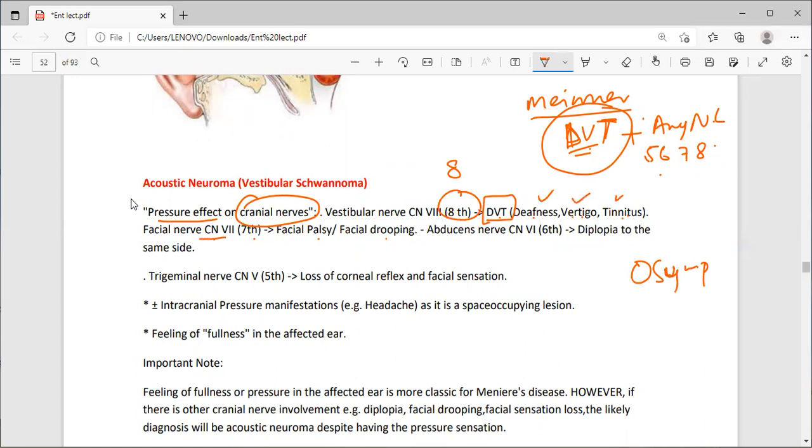The facial nerve supplies the face, so there will be facial palsy as well, and the abducens nerve supplies the lateral rectus of the eye, so there will be diplopia of the same side. So if there are symptoms beyond the ear, you are dealing with acoustic neuroma. DVT only: Meniere disease. If any nerve compression along with DVT is present, then you are dealing with acoustic neuroma.